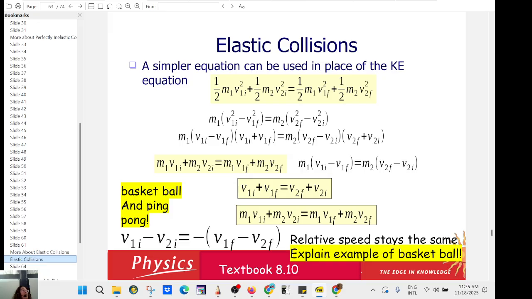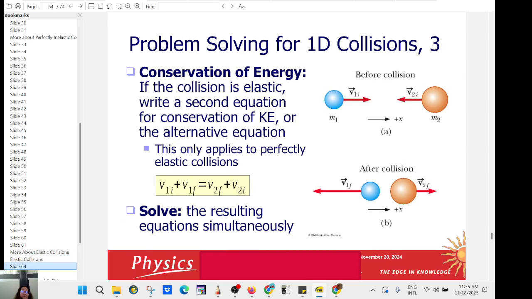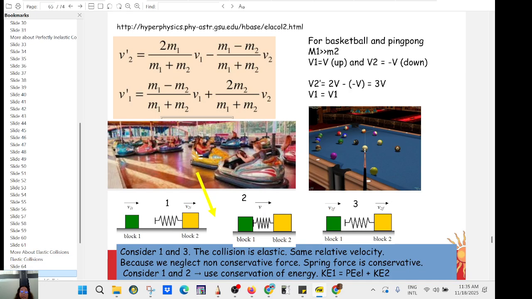It is in the assignment: the relative velocity stays constant, except there is a minus sign here. I gave you the example of the basketball and the tennis ball. Otherwise, if you do the computation, that is what you get at the end.